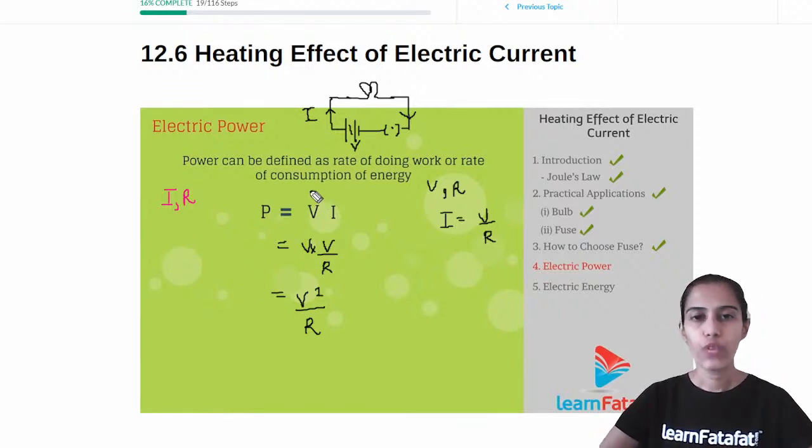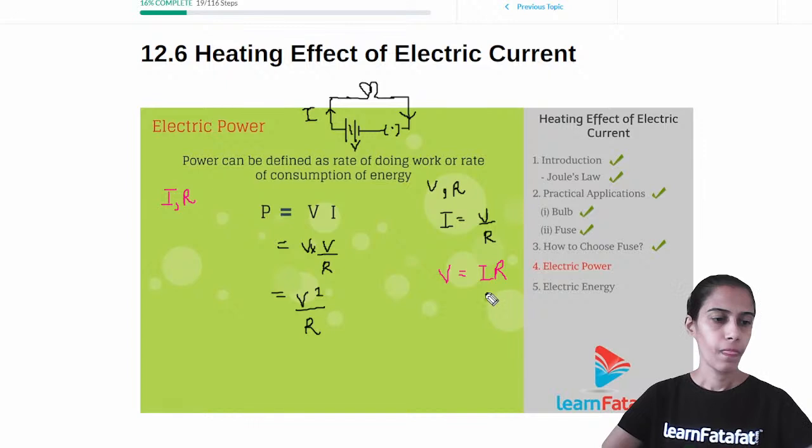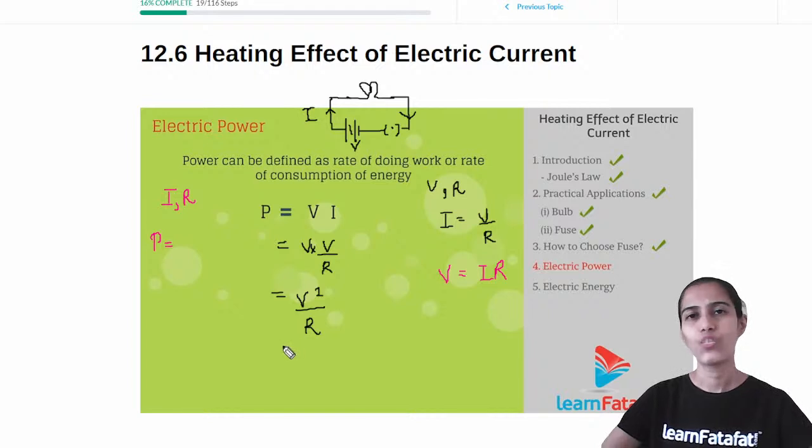So I have to get rid of V from here. In the VI formula I have to remove V. So from Ohm's law I know that V is equal to I into R, okay. Now in this basic formula P is equal to VI, in place of V you put IR, or you can put it here also, it's one and the same thing, but this is a little shorter so I'm putting it here.